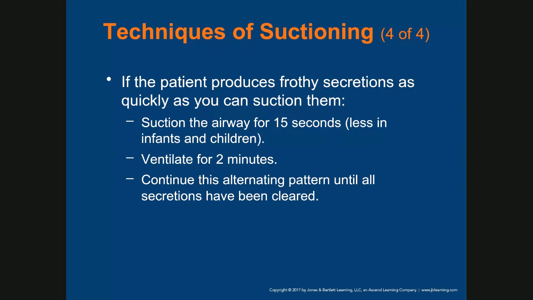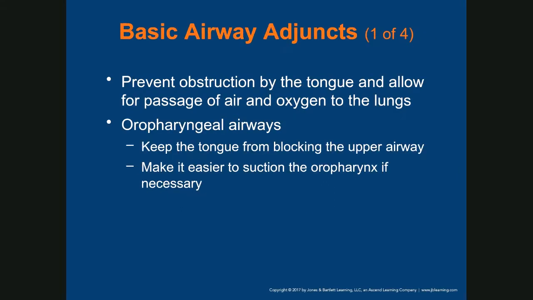Now, your basic airway adjuncts. So we looked at positioning: head tilt chin lift for the medical patient, jaw thrust maneuver for the trauma patient. If there is fluid in the airway, turn the head to the side or turn the patient as a unit. Clear chunks if you need to.